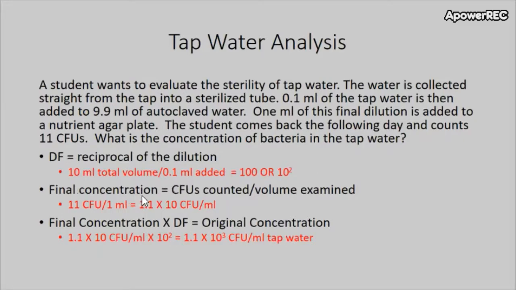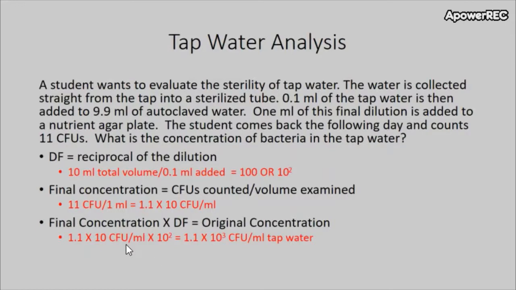Our final concentration is, you just take your result, which is our 11 CFUs per mil, which is 1.1 times 10 to the 1 CFU per mil, and we multiply that by our dilution factor, 10 to the second, and that gives us 1.1 times 10 to the third CFU per milliliter of tap water. This is one of the reasons why I highly recommend you getting used to writing in scientific notation, although it won't be required for you to write it out that way for the exams.